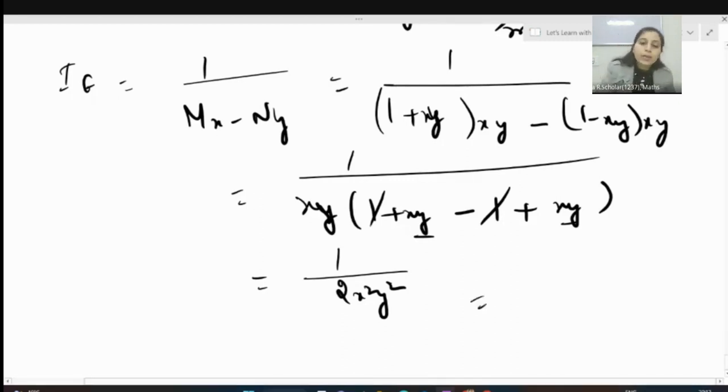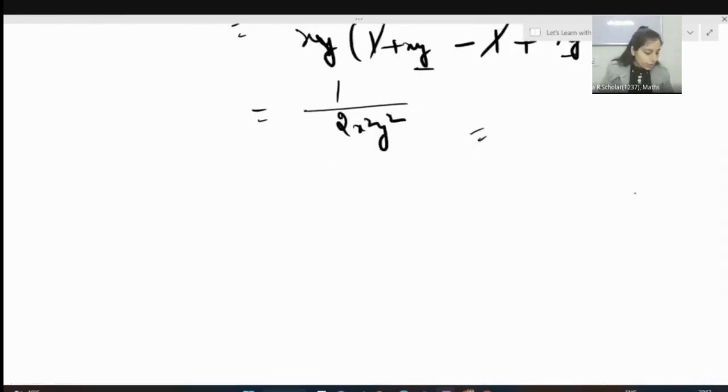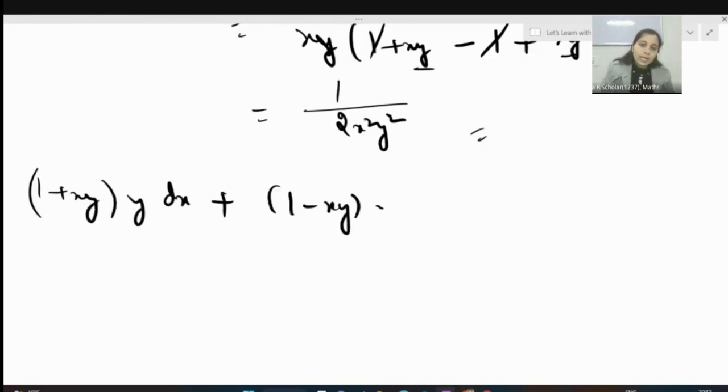Now multiplying the given equation by this integrating factor and then finding the solution. So the given equation is (1 plus xy) y dx plus (1 minus xy) x dy equal to 0.